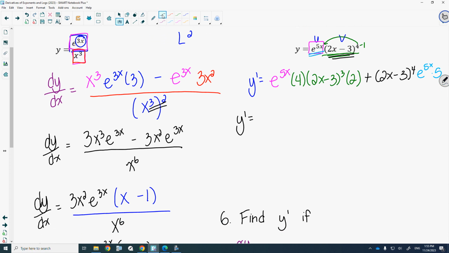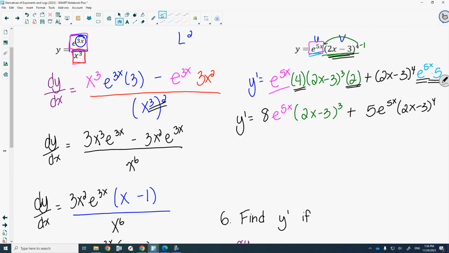y prime is equal to 4 times 2 is 8, e to the 5x, and then I've got (2x minus 3) to the power of 3, and then plus 5 e to the 5x, and then (2x minus 3) to the power of 4.